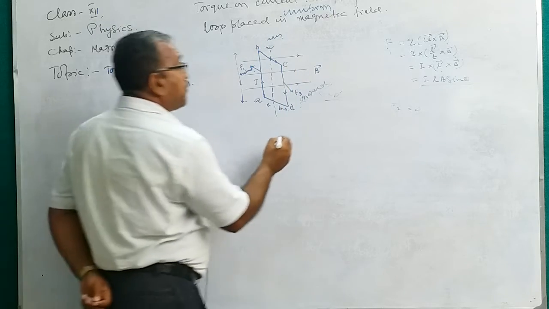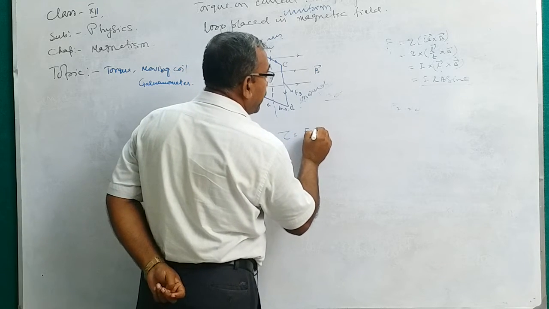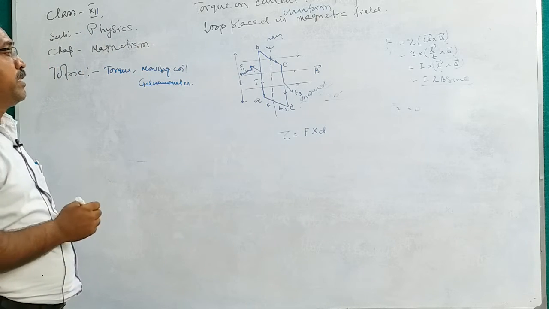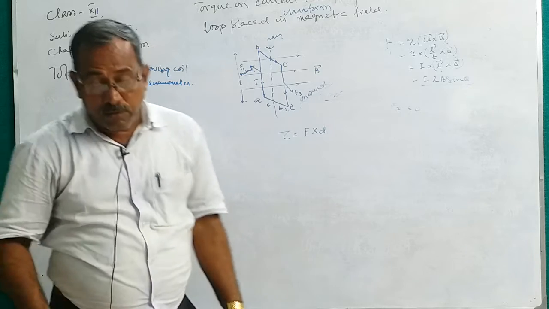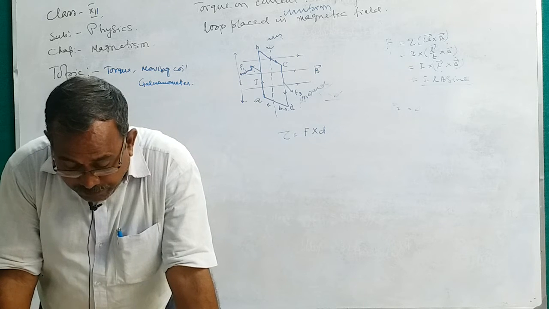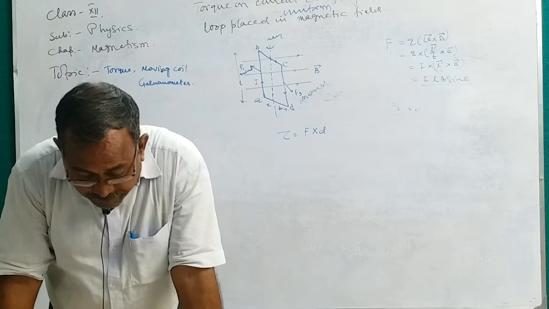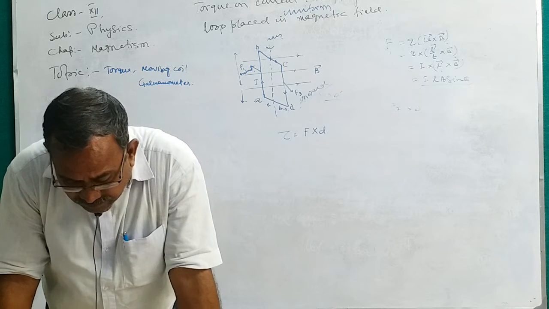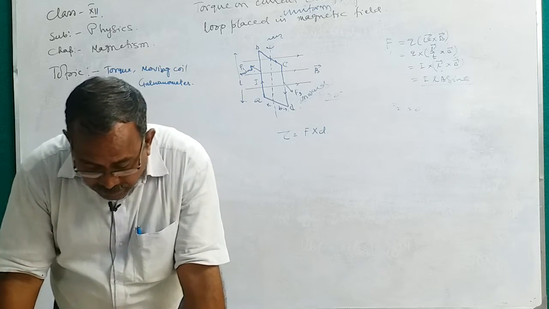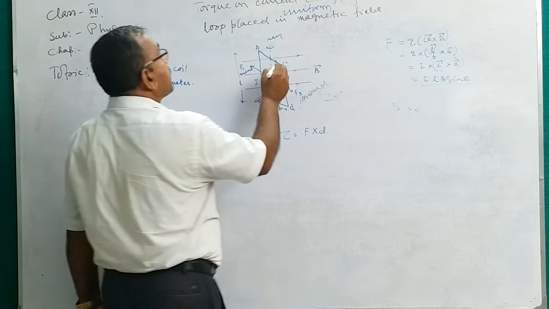So what will be the value of torque? Torque equals F into D, force into the perpendicular distance between them, the magnitude of either force and the lever arm. The lever arm means this.